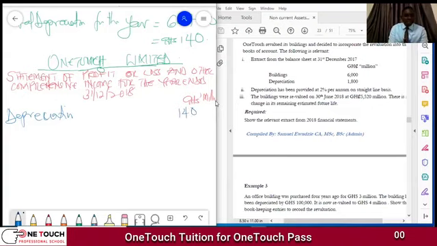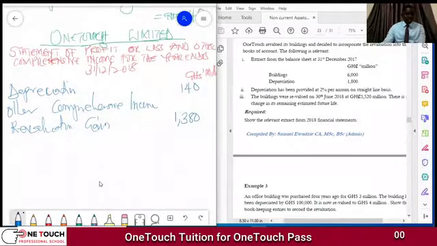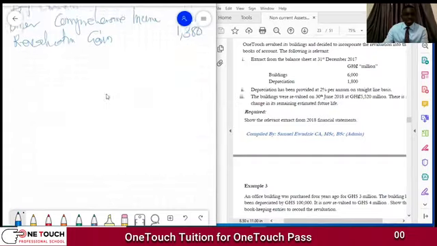Then we have other comprehensive income as the revaluation gain. The revaluation gain was 1,380. Okay, good. So these are the two things that will come into the income statement extract, because depreciation is charged to P&L.